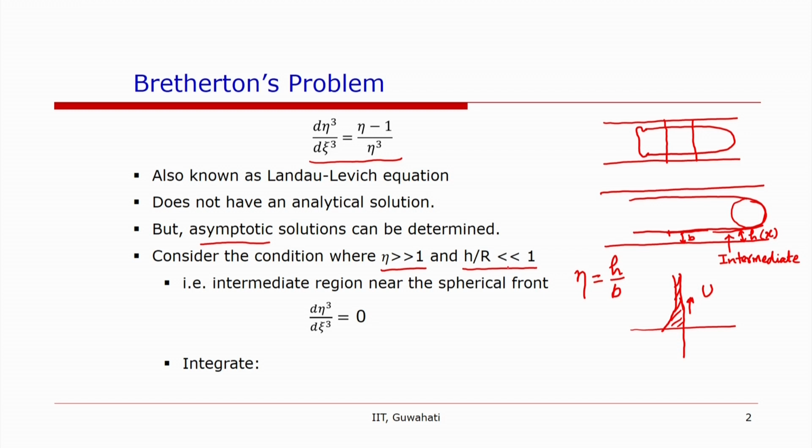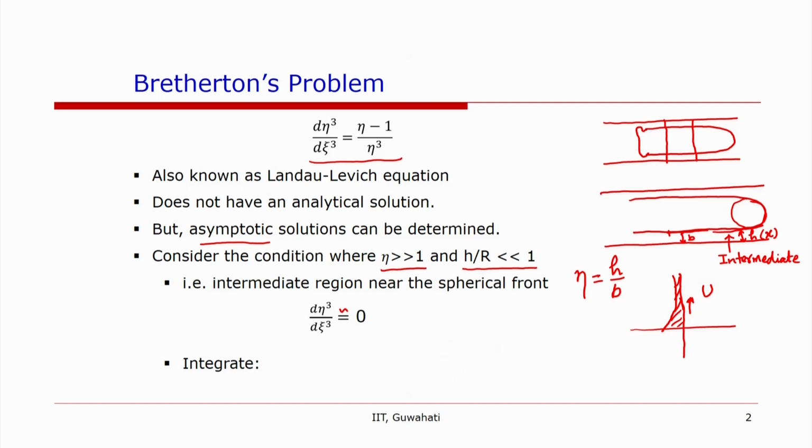So in this region, if you look at the term eta minus 1 over eta cube, as eta is large, eta cube will be even larger, and you can approximate this term to be equal to 0. That is why one can approximate this equation as d cube eta over d psi cube equal to 0. So let us integrate this equation.